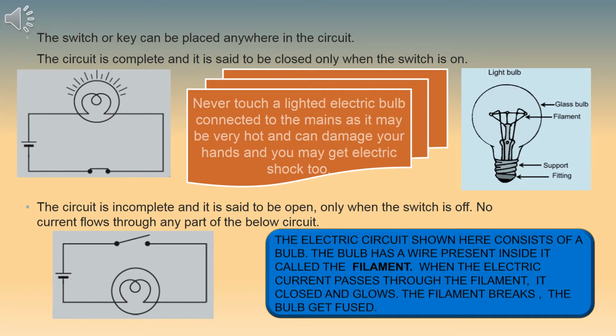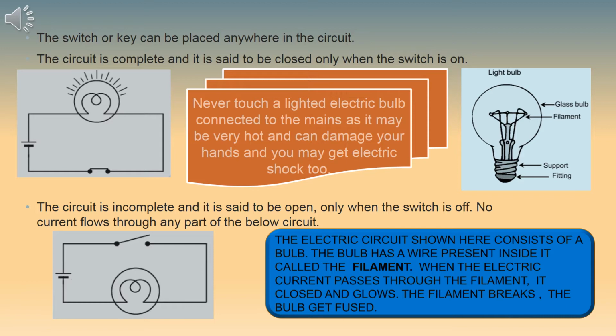The circuit is complete and is said to be closed only when the switch is in on position. The circuit is incomplete and is said to be open when the switch is in off position. During the off position, no current flows through any part of the circuit.